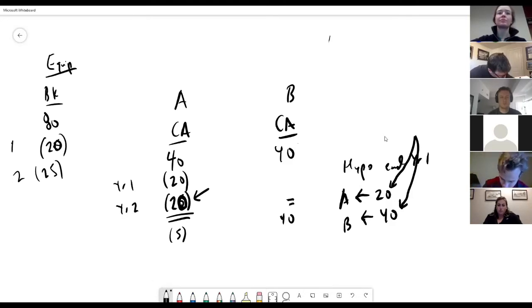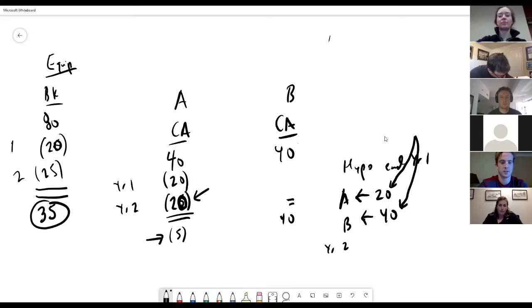So now we've got our year 2 hypothetical liquidation. Well, first thing we would say is that there's 35 of cash to be distributed. And A's capital account under the agreement is -5 and B's is 40. That's the way it appears, certainly.